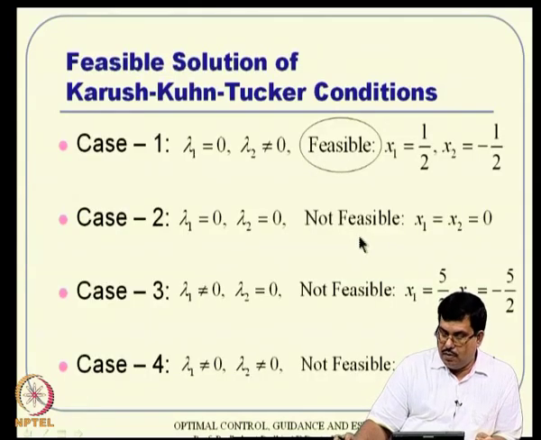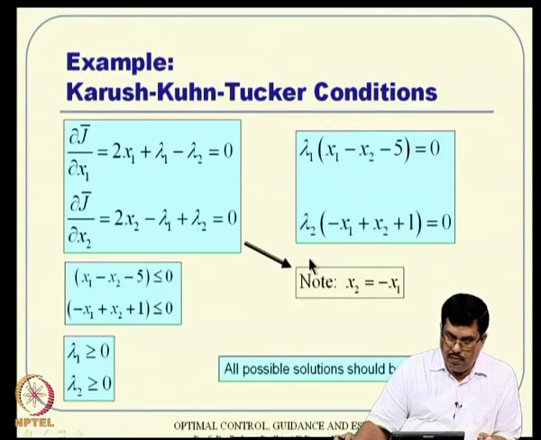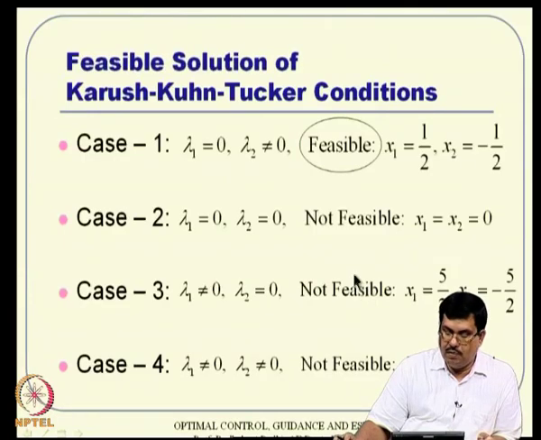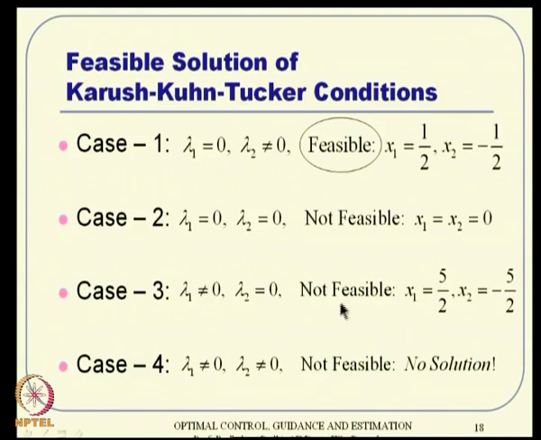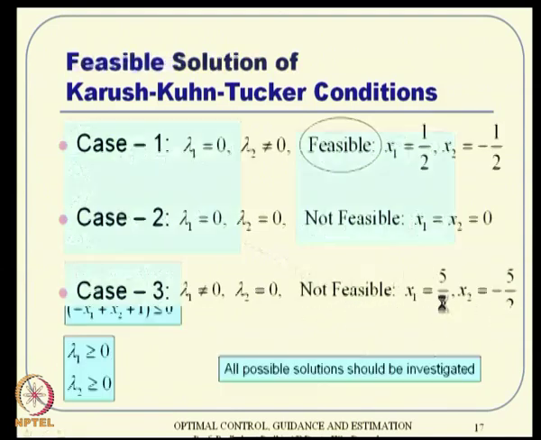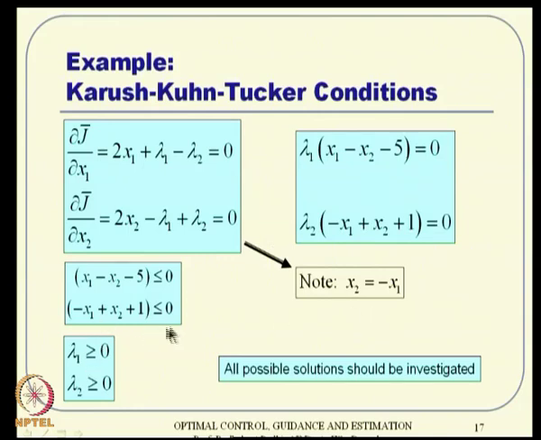But it turns out that in all other cases, if you just do lambda 1 equal to 0, lambda 2 equal to 0 and things like that, then these two equations have to be satisfied, and you will see that it is not feasible, and similarly all these are not feasible. For example, if I take minus 5 by 2, plus 5 by 2, minus 5 by 2, I suggest that you do it yourself, because I will not spend too much time here.